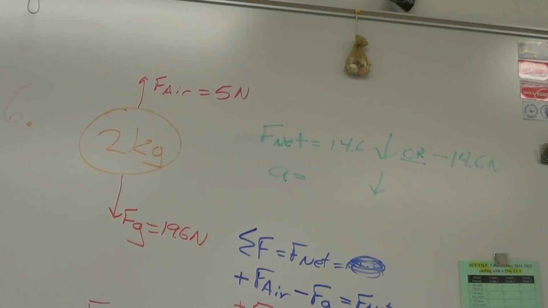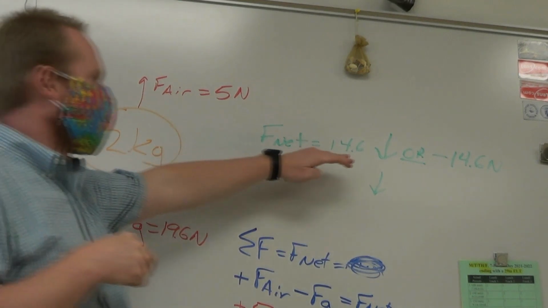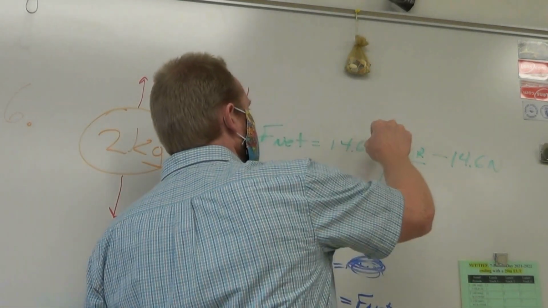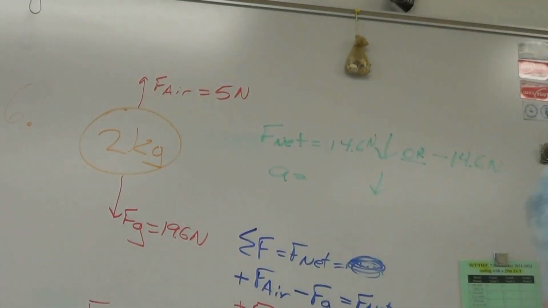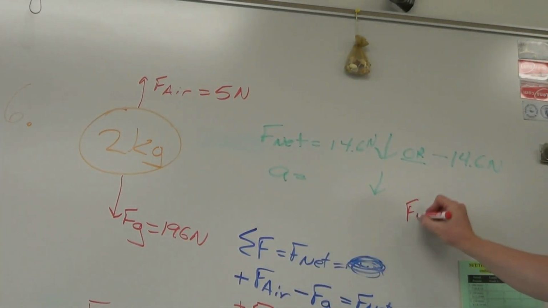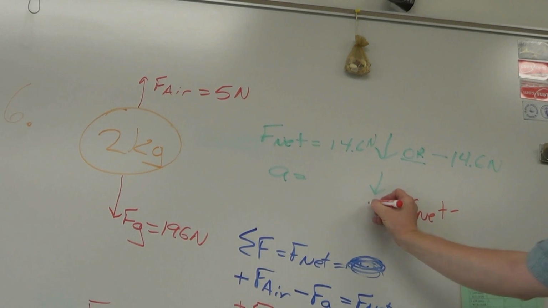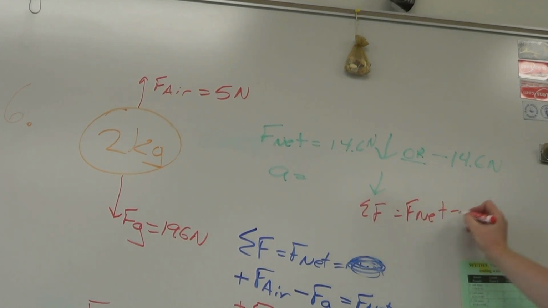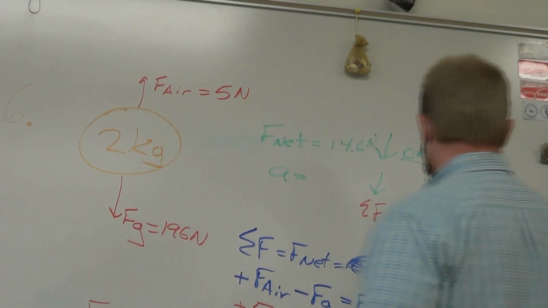Now just realize that if you were to write it as 14.6 newtons downward, if you are going to then use that number in Newton's second law, you're going to need that negative. So how do you determine acceleration? Well, the sum of all my forces is equal to F net, which is equal to mass times acceleration.